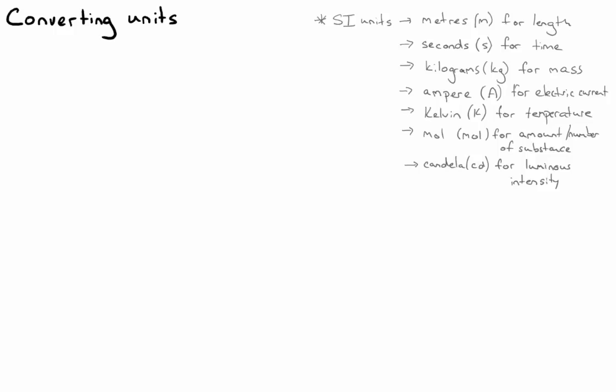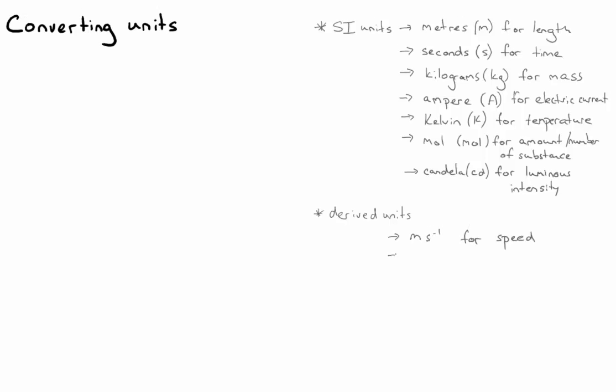All the other units we use are derived units. For example, just a few of them. We use meters per second for speed. We use kilograms per cubic meter for density.